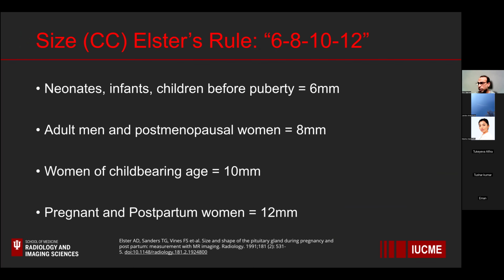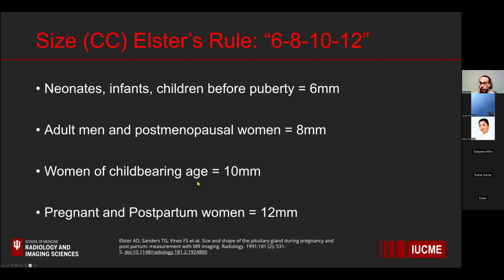Size is very important for us as radiologists when we're looking at scans, and we use Elster's rule, the 6, 8, 10, 12. It's a quick way to remember the different upper limits of measurement of the gland itself. So in neonates and children before puberty, it should be no more than 6 millimeters. In adult men and postmenopausal women, it can be as big as 8 millimeters.